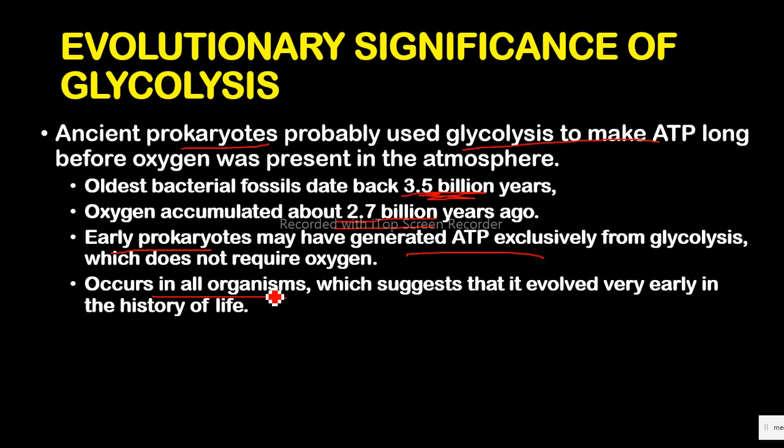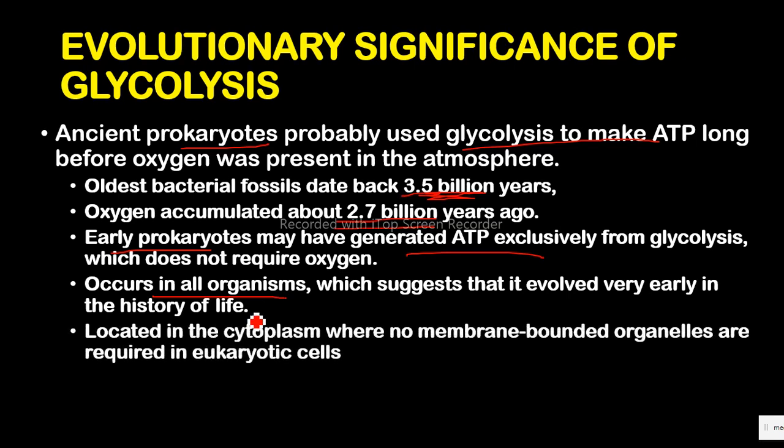And it suggests that the very first organisms to carry out glycolysis are the ones that evolved into all living organisms. And glycolysis remains located in the cytoplasm, where no membranes are required in eukaryotic cells.